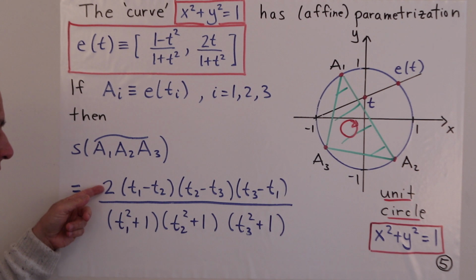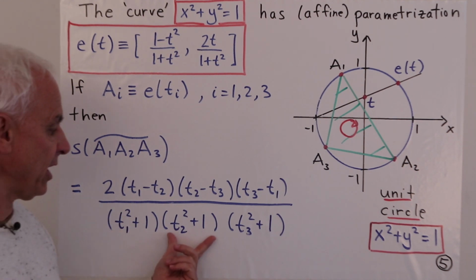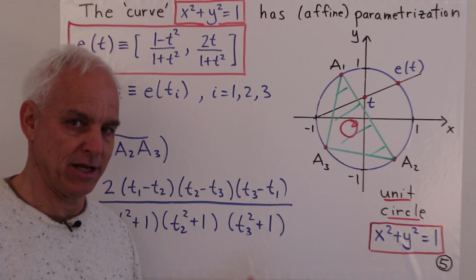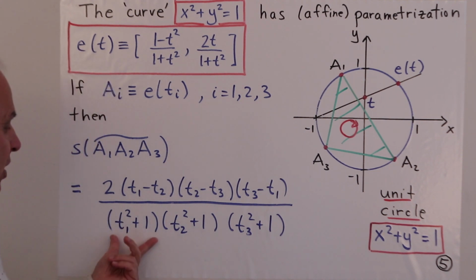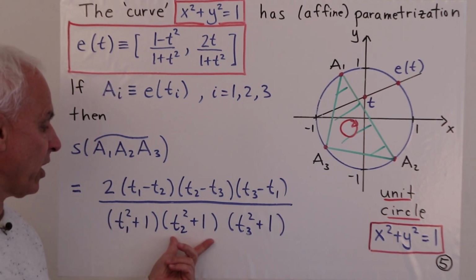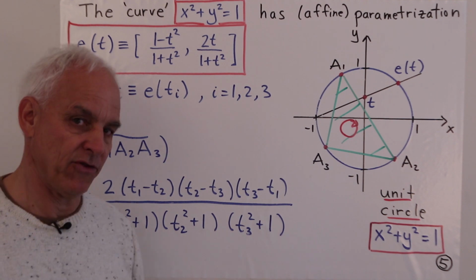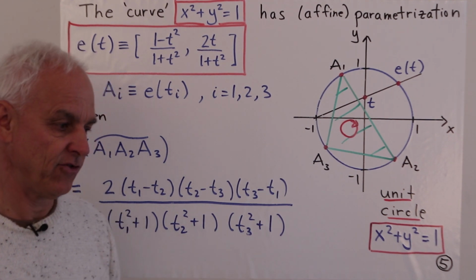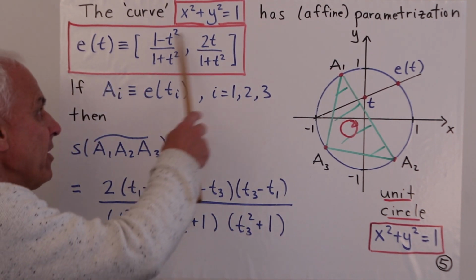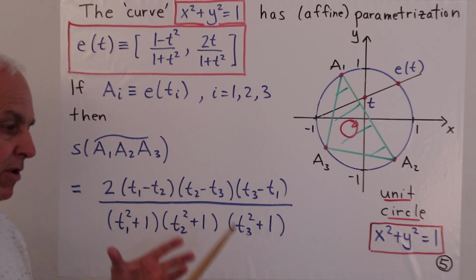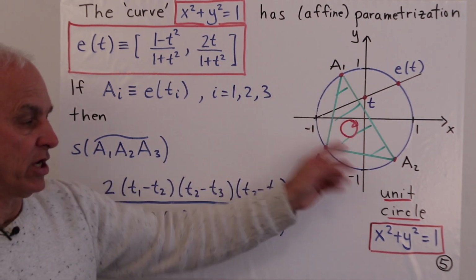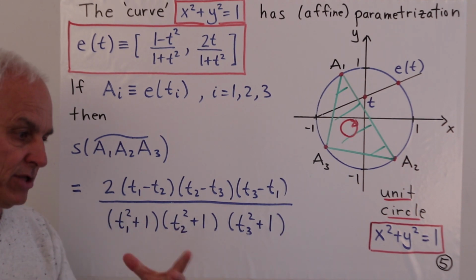There's also a 2 in the numerator, and then there are these 3 quadratic factors in the denominator: t1 squared plus 1, t2 squared plus 1, t3 squared plus 1. That's just what you get when you examine the algebra of the formula for the signed area of this generic triangle formed by points on the unit circle.